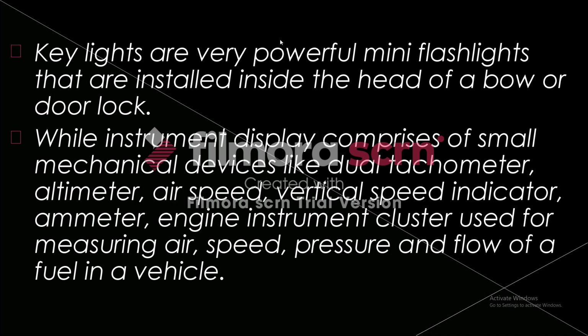Key lights are very powerful mini flashlights that are installed inside the head of a bow or door lock, while instrument display comprises small mechanical devices like dual tachometer, altimeter, airspeed, vertical speed indicator, ammeter, engine instrument cluster, used for measuring airspeed, pressure and flow of fuel in a vehicle.